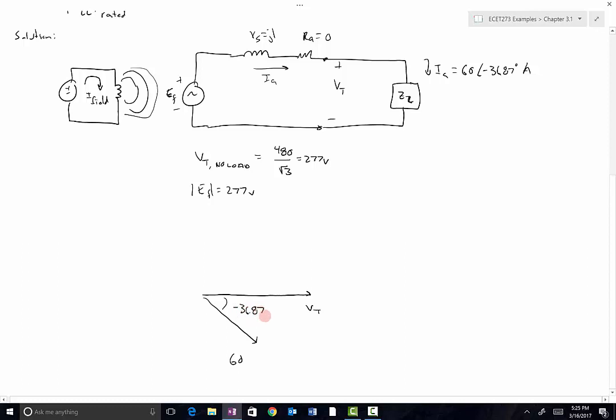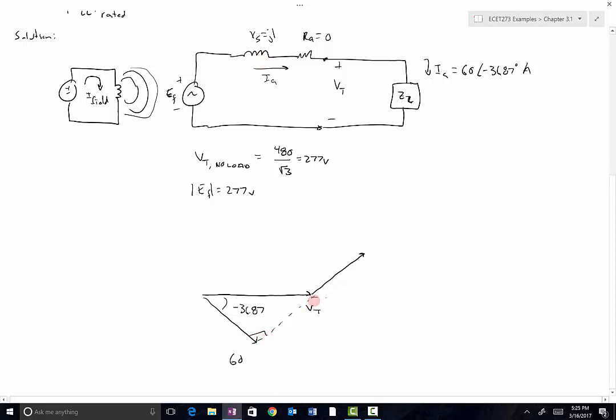There's going to be a voltage drop here that is equal to J1 times the current. Because of that J, this voltage drop is going to be 90 degrees out of phase with the current. So if this is the current vector here, the voltage across this element is going to be 90 degrees out of phase with it, right?